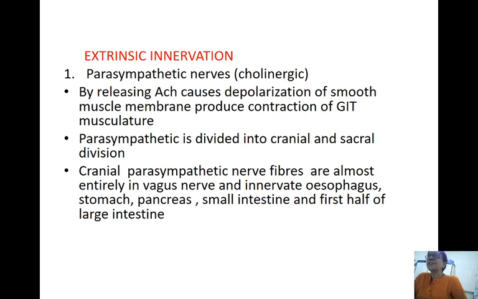Parasympathetic, as I've shown you in the earlier diagram, is divided into cranial and sacral division. Cranial parasympathetic nerve fibers are almost entirely in the vagus nerve and they innervate the esophagus, stomach, pancreas, small intestine and first half of the large intestine.